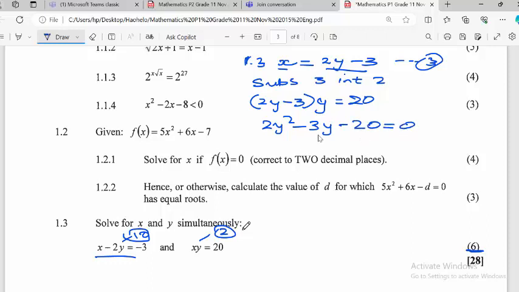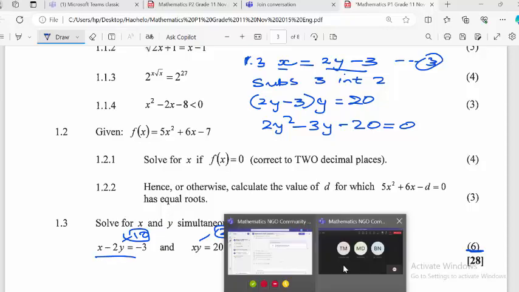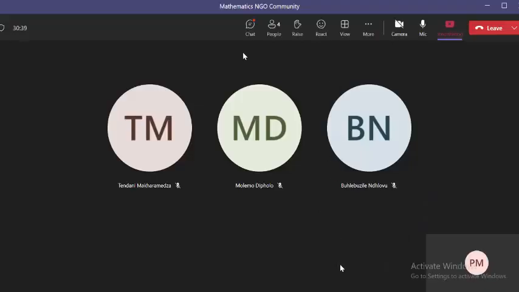So now the first test is whether this factorizes. Does this factorize? If it does, please insert this into your calculator and tell me if it factorizes.